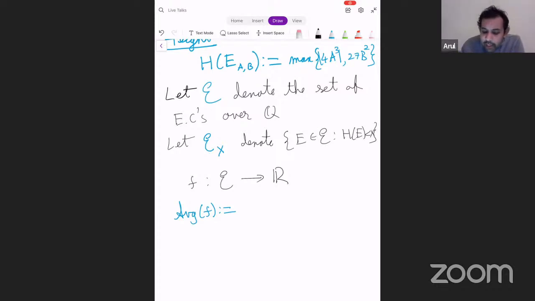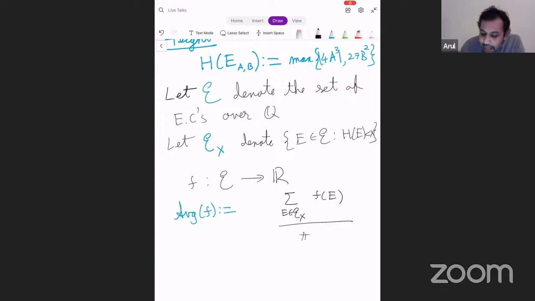But because we've ordered E by height, what we will do is first average f over E_x. So we will take the summation over E in E_x of f(E), and we will take the average of this.